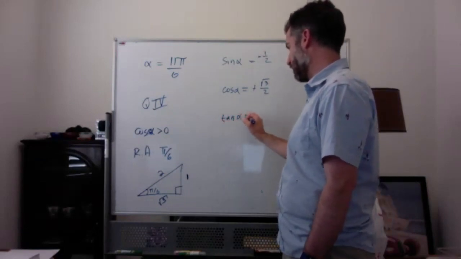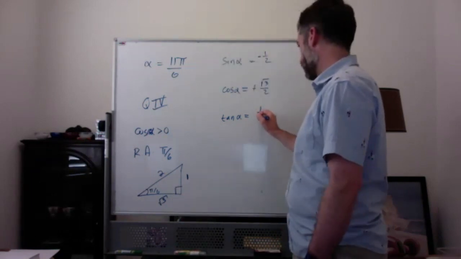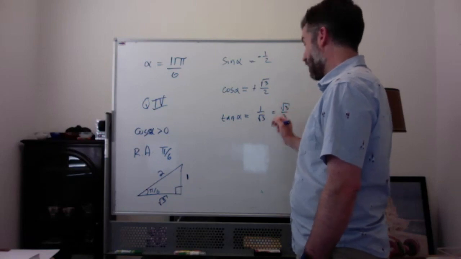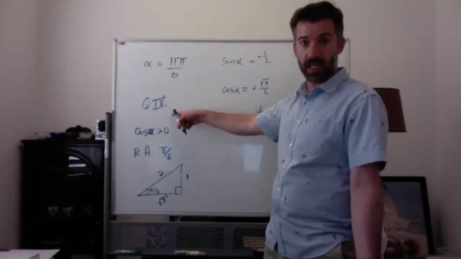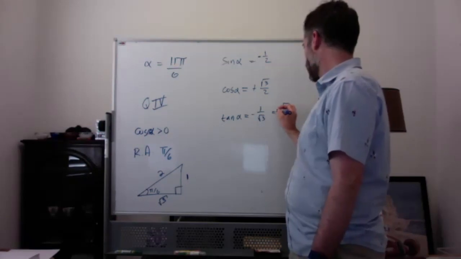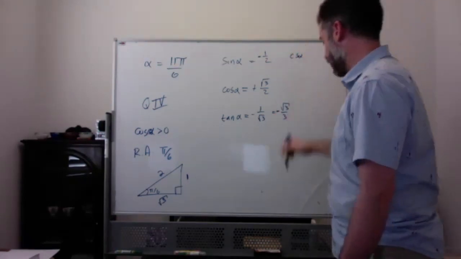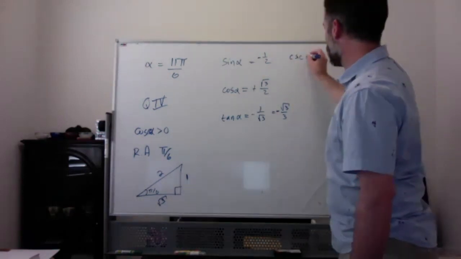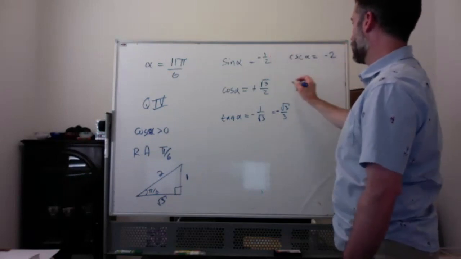And tangent of the angle alpha is going to be opposite over adjacent, which is 1 over root 3, which rationalizes to root 3 over 3. But it's negative, again, because we're in quadrant 4, where tangent is negative. And then the flips. Cosecant of alpha is equal to the flip of sine, so negative 2.